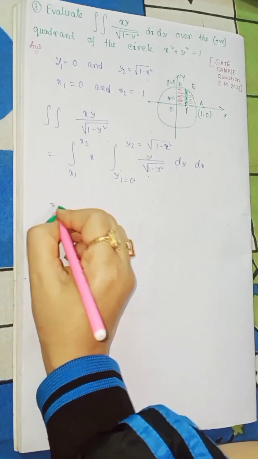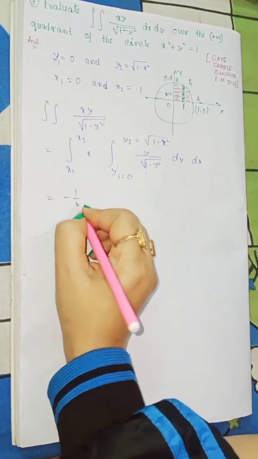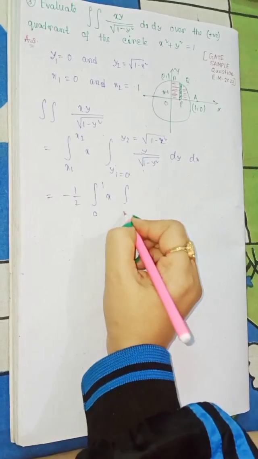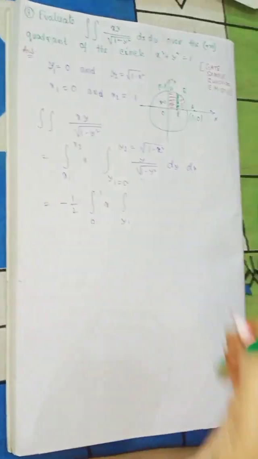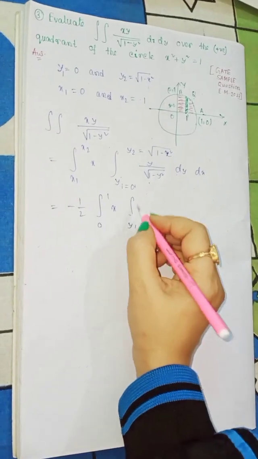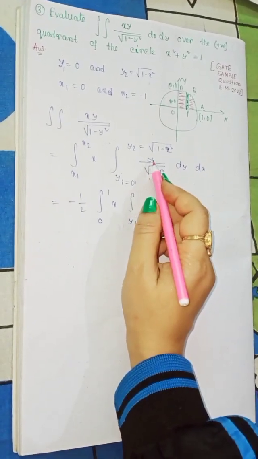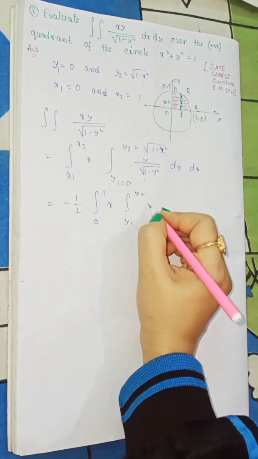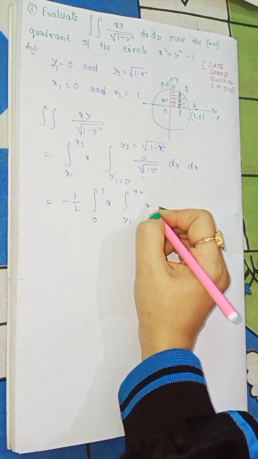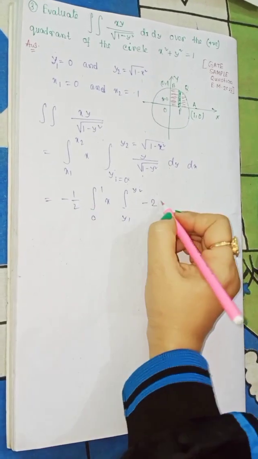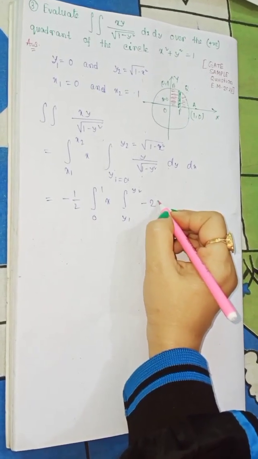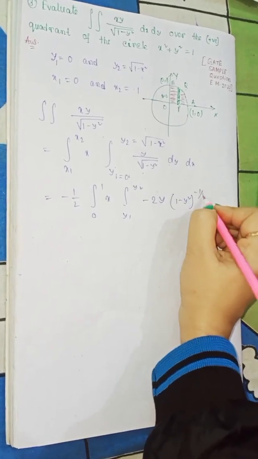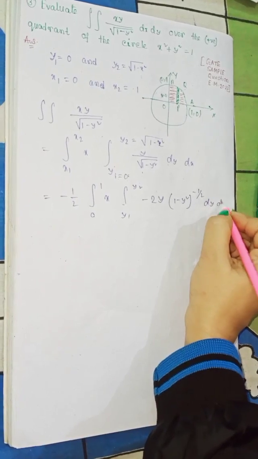So now this one is equal to minus half integral 0 to 1 of x times the integral from y1 to y2. So when you integrate, this is equal to half, taking common, 2y times (1 minus y square) to the power minus half, dy dx.